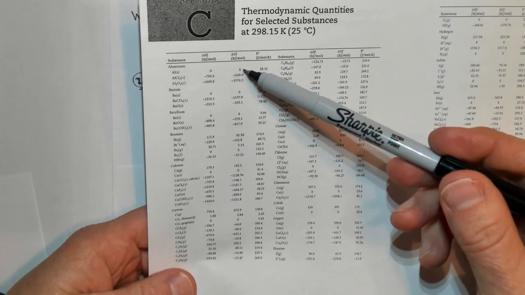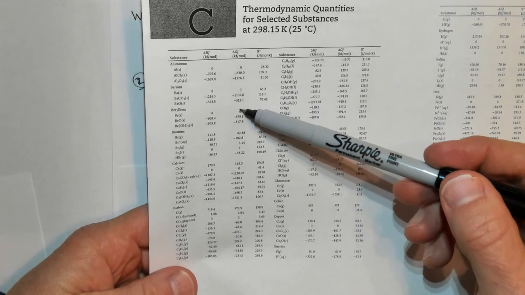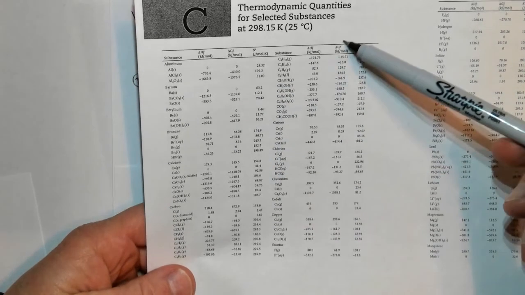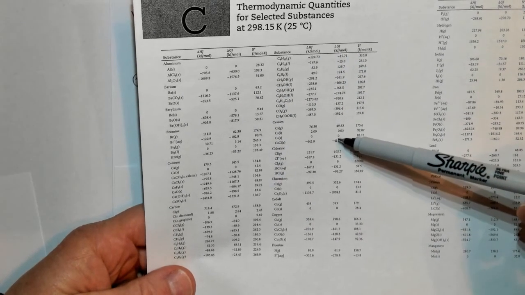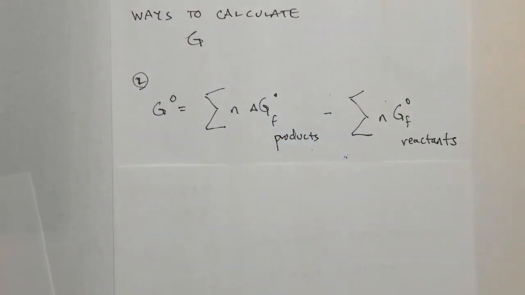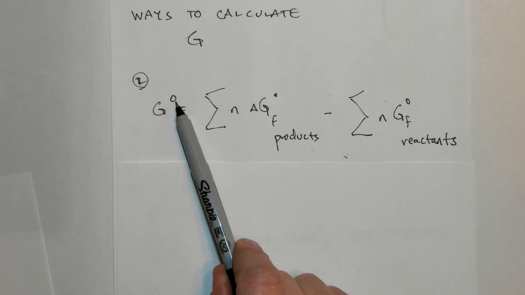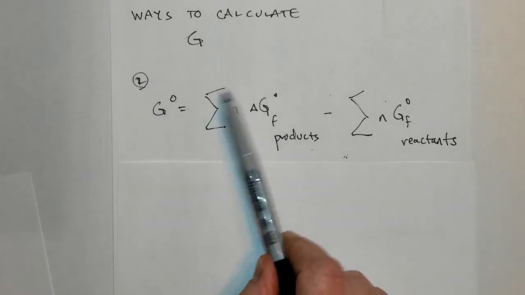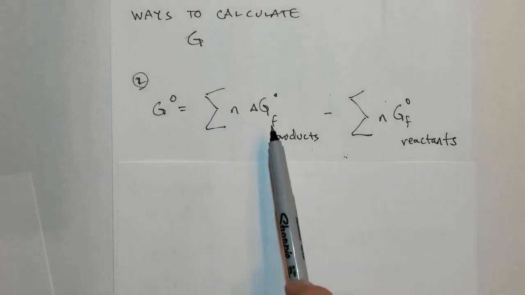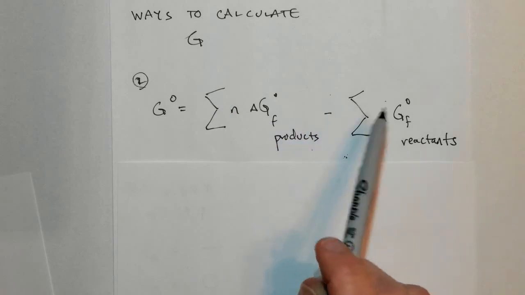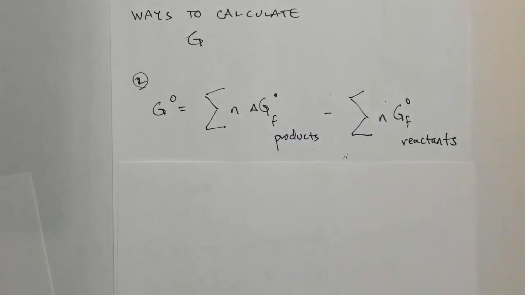Molar free energies, or Gibbs free energies, are listed right down the middle here and also down the middle here. To find the Gibbs free energy at standard conditions, that's what the little circle means, we would do the summation of the Gibbs free energy of products minus the Gibbs free energy of reactants.